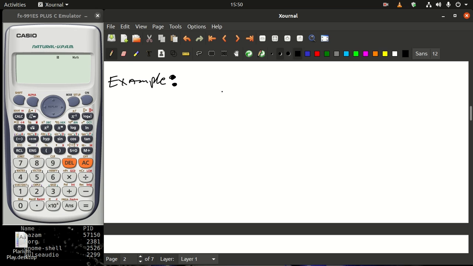So suppose now I am saying that given our f of x is equal to root 2 minus x, and g of x is given as the square root of x plus 1.